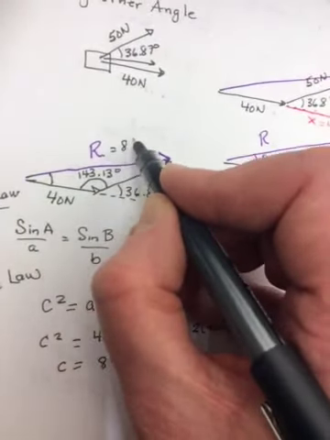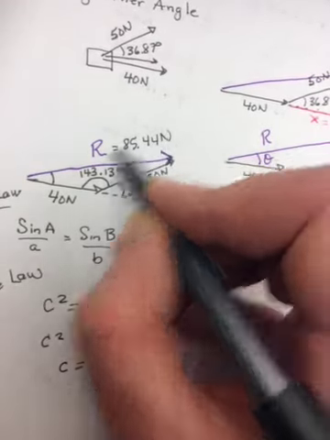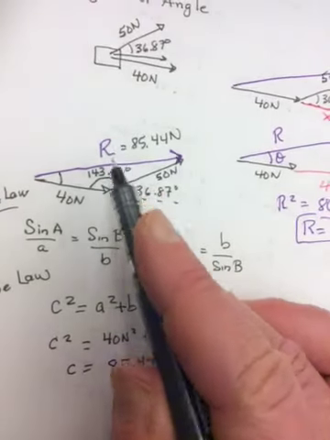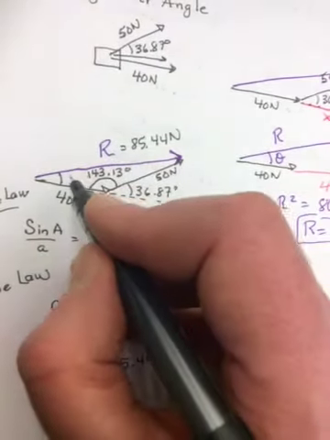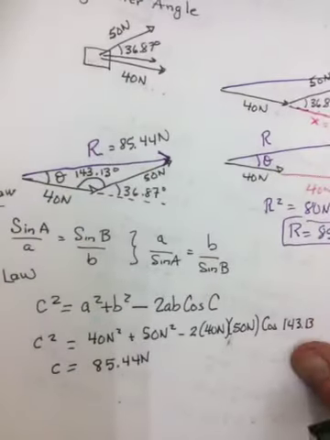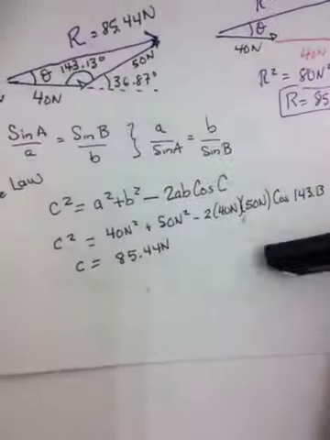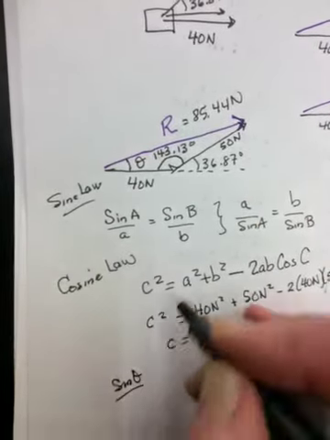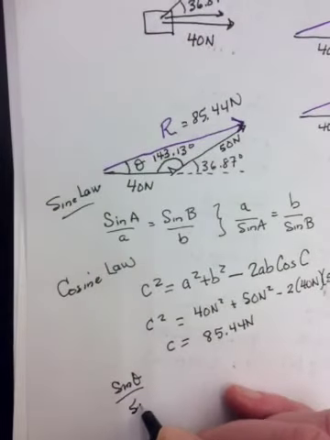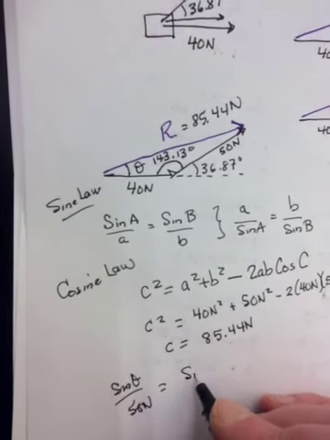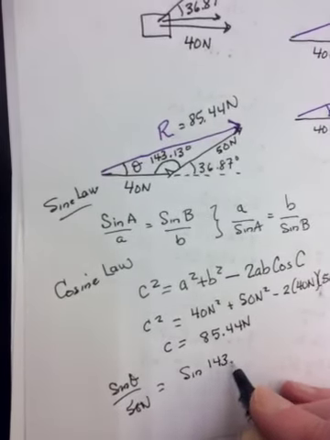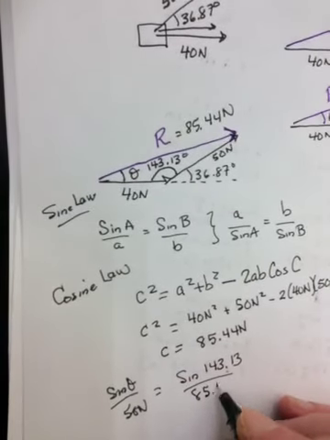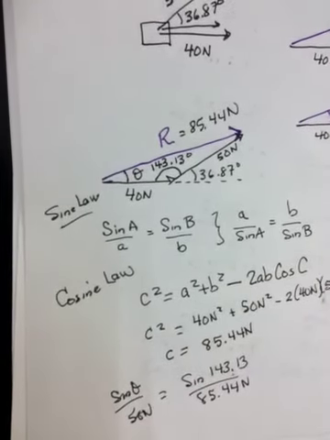So if we get this to be 85.44 newtons, and now I want the angle, now I have an angle and its opposite side. I have a side and I want my opposite angle. So now I can use the sine law. It'll be sine theta over its opposite side, 50 newtons, will equal the sine of 143.13 over its opposite side, which is the 85.44 newtons we just found.